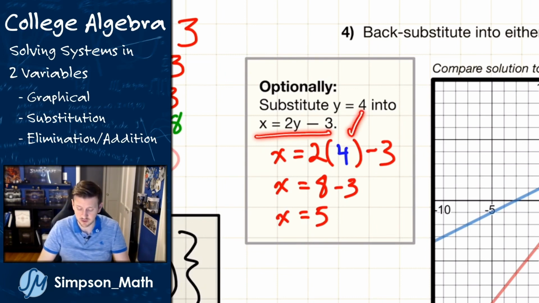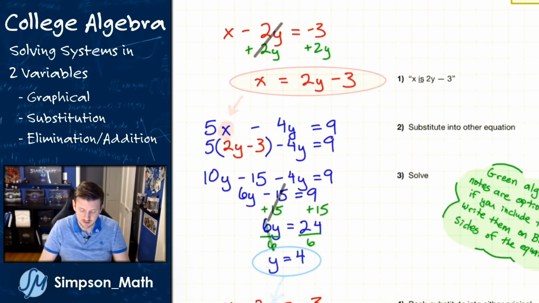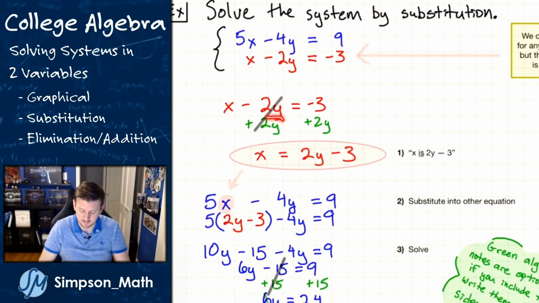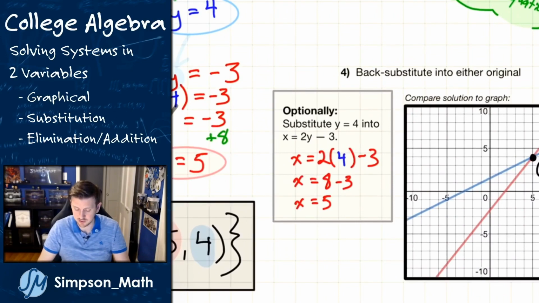I could just plug the 4 directly into that and then simplify. And that's actually a lot easier because look at this plus 8. We did that up here when we solved for y, but we did that in the form of a plus 2y, so it's a little bit redundant. You can also just plug it into one that you've already solved for one of the variables. That will save you a little bit of time.